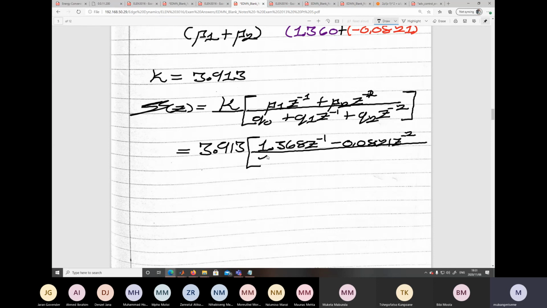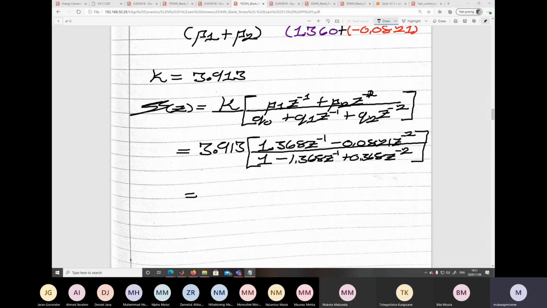Then the denominator, that should be 1 minus 1.368 z minus 1 plus 0.368 z minus 2. Okay. So now multiplying by that factor, what do we get? Can somebody just check?